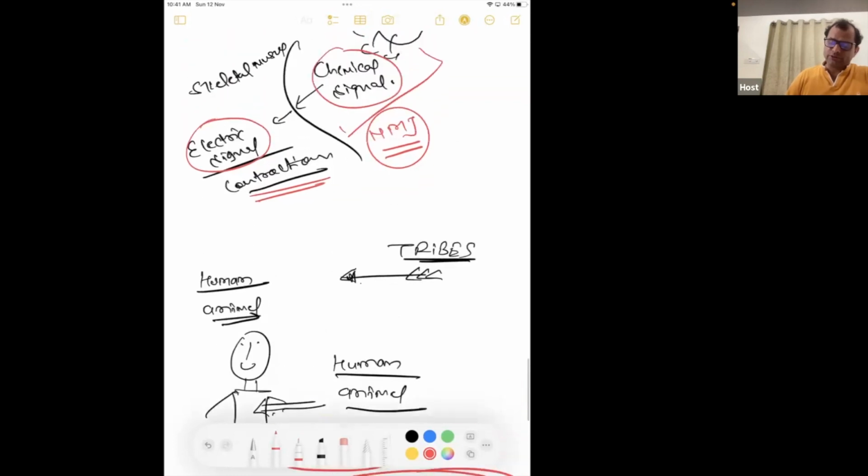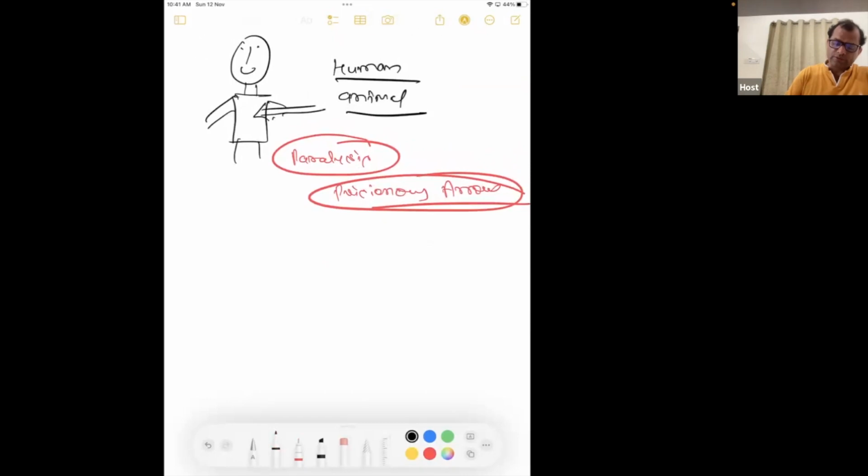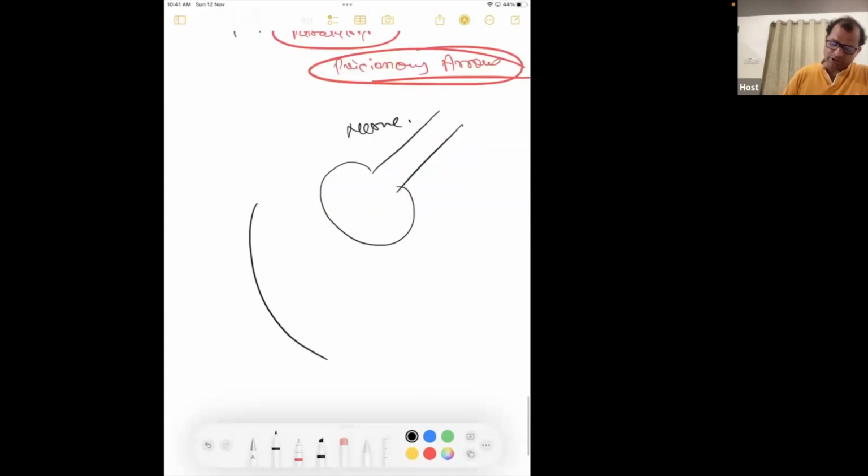So what does the poisonous arrow do? Suppose you want to run, right? Then your brain gives a message to your muscles, okay, run. And this action happens at the neuromuscular junction. So immediately your nerves give the order to your muscles, okay, run fast or fight back. We are under threat, we are in danger.